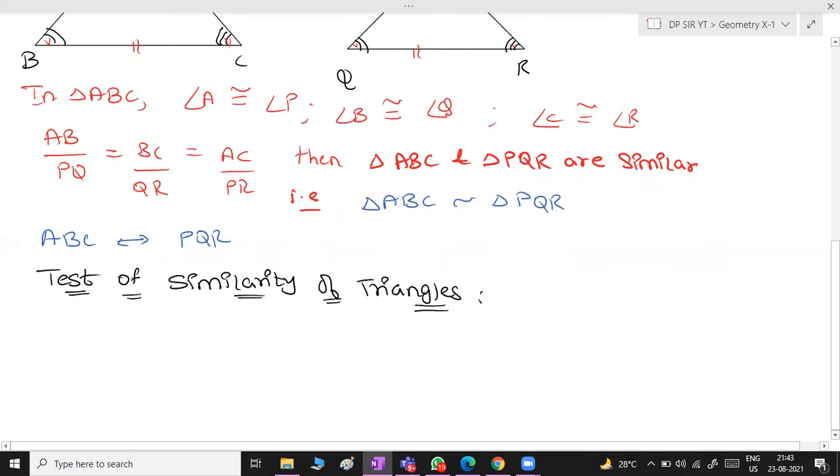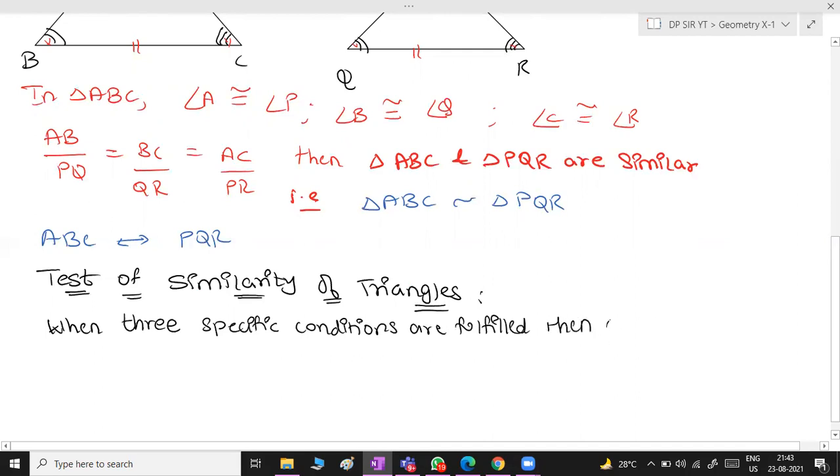Only three specific conditions are referred to, and when three specific conditions are fulfilled, then the remaining conditions are also fulfilled. But remember the word specific. Now I will come to that specific condition.